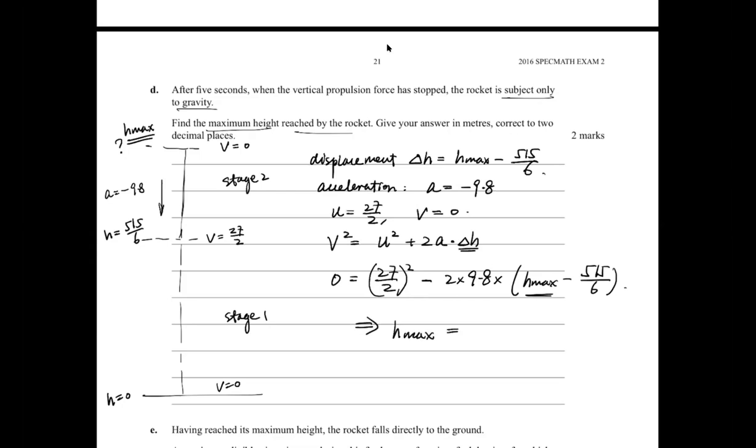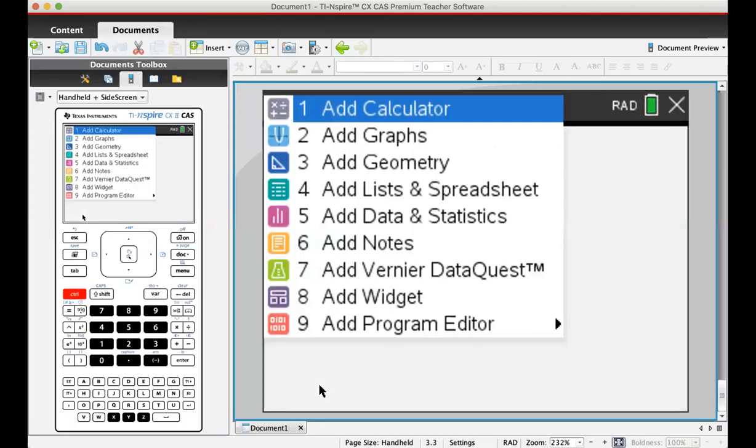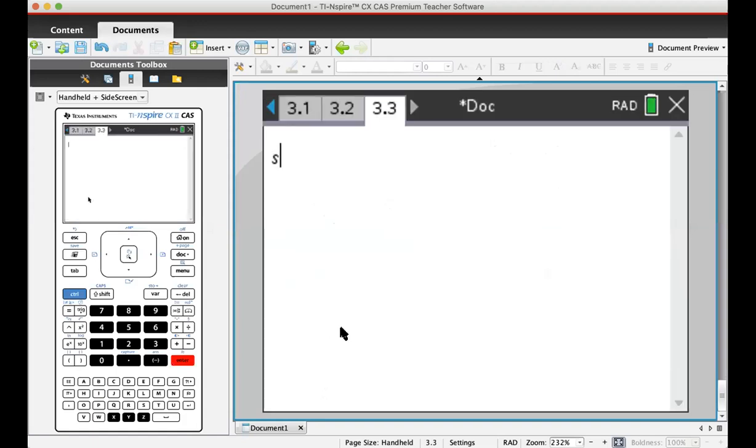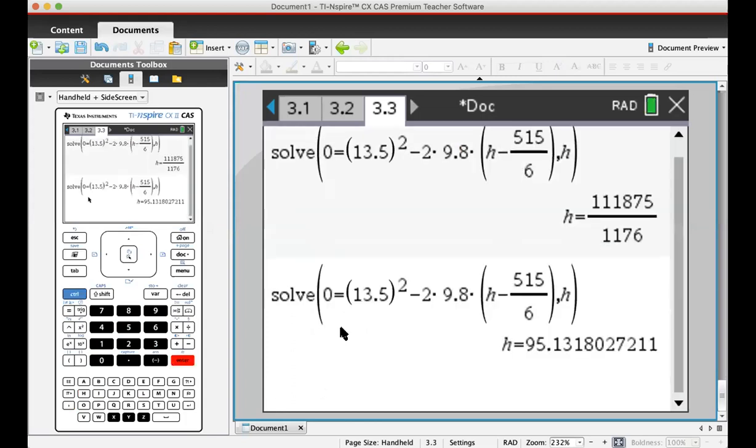Leave it with our CAS calculator and see what number we can obtain. Good. 95.13 and so on.